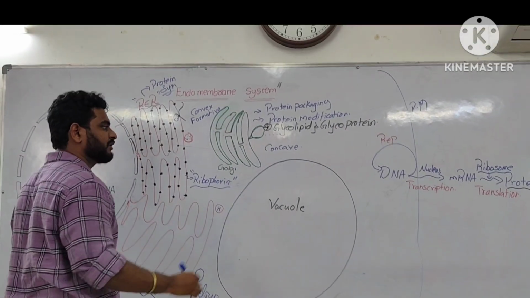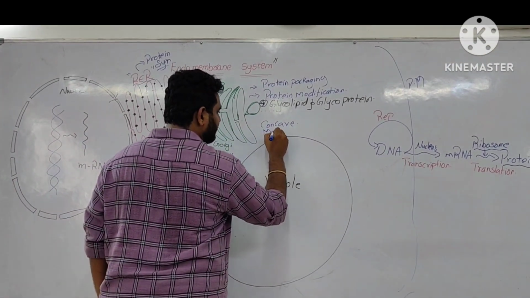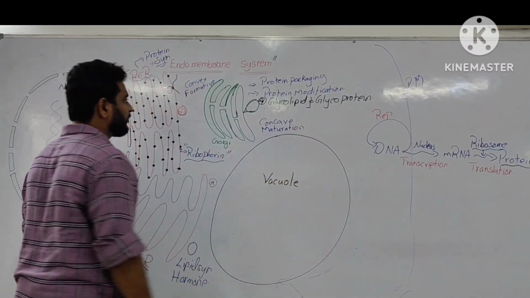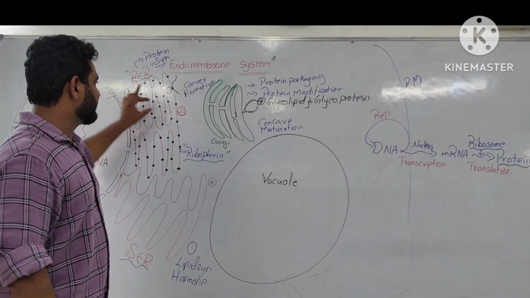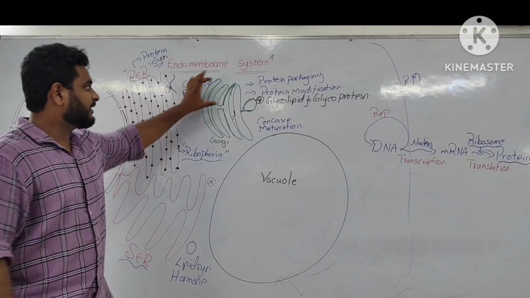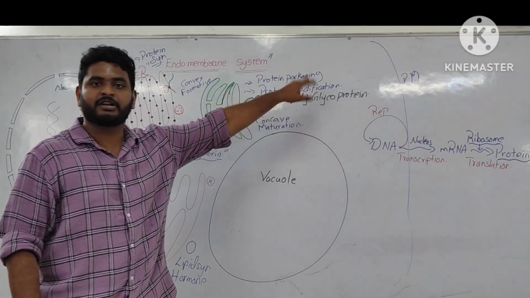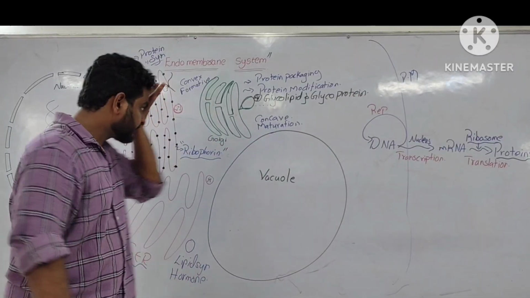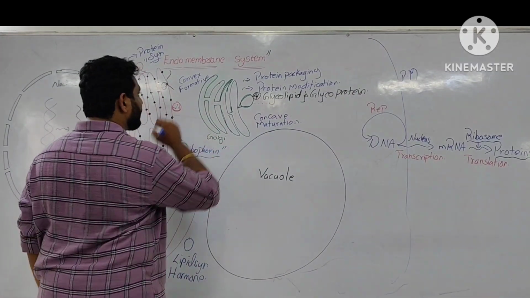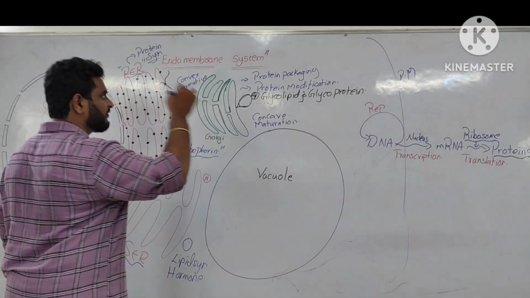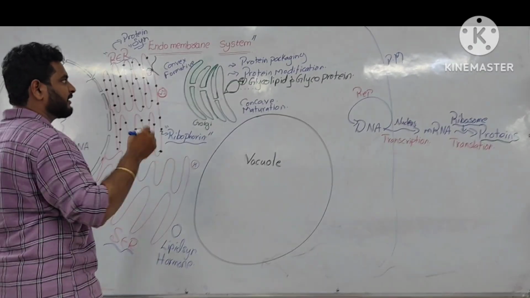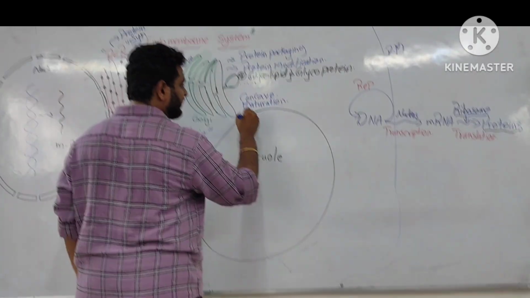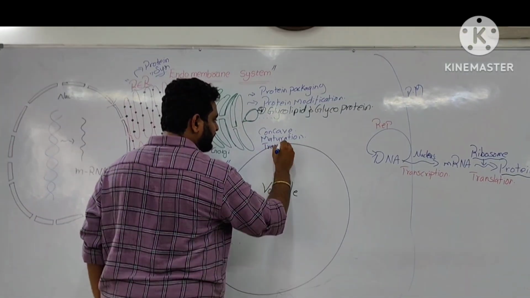Concave side is also known as maturation phase. Why the terms formative and maturation? Because the vesicles are forming here, and after completion of packaging, maturation of particles happens. Along with that, the convex side is also known as cis phase and the concave side is known as trans phase.